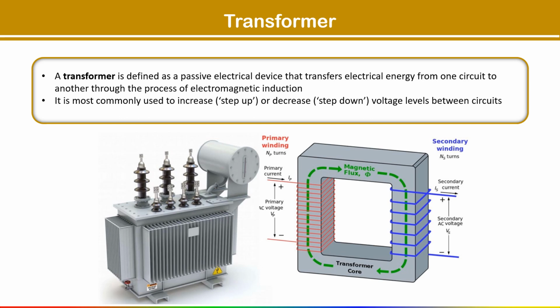Transformers are widely used in power distribution systems, electronic devices and various electrical appliances. Understanding the characteristics and applications of transformers is crucial in designing and maintaining electrical systems, ensuring efficient and safe energy transfer. So this is all about the basic concept of a transformer.